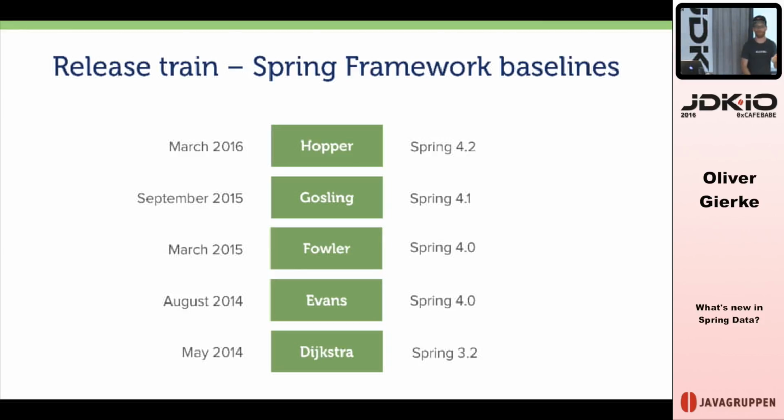The reason for that, in the first place, has been that the Spring Data JPA module is the most popular module by far, and relational databases are usually used in more conservative shops that can't necessarily upgrade to the latest and greatest Spring Framework version.